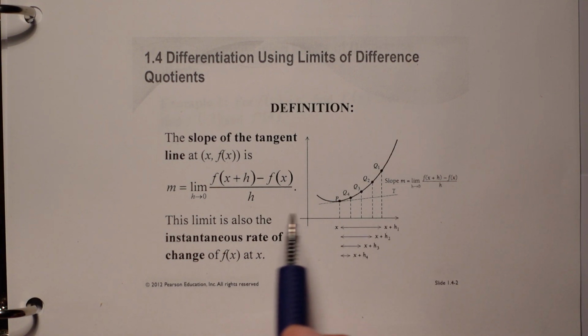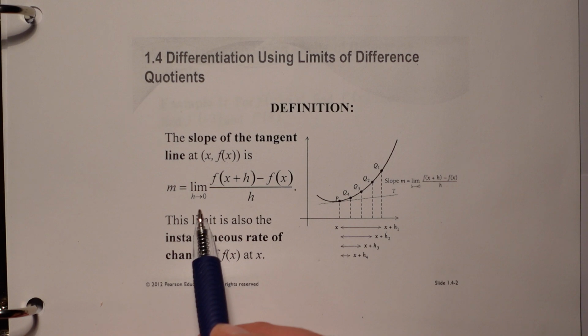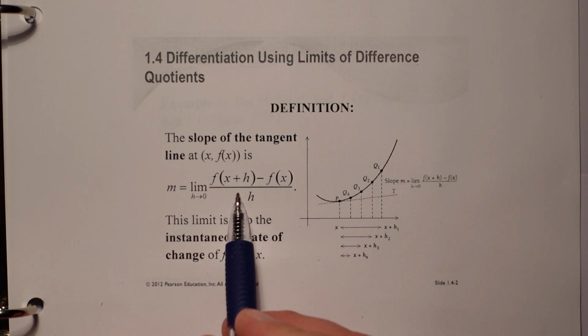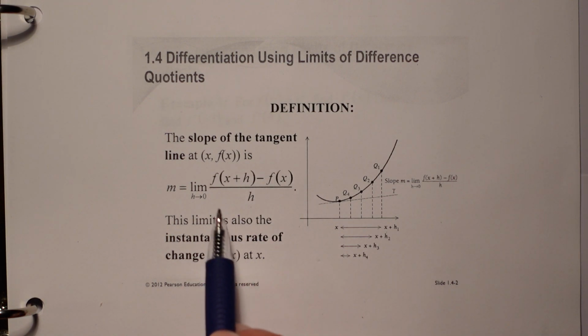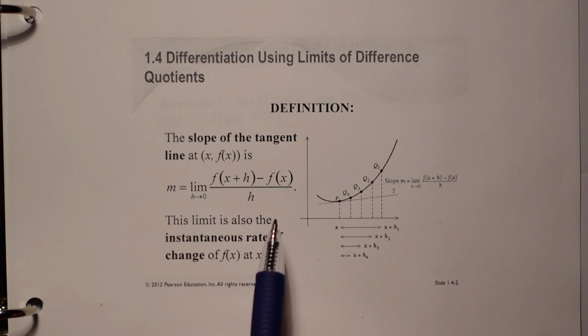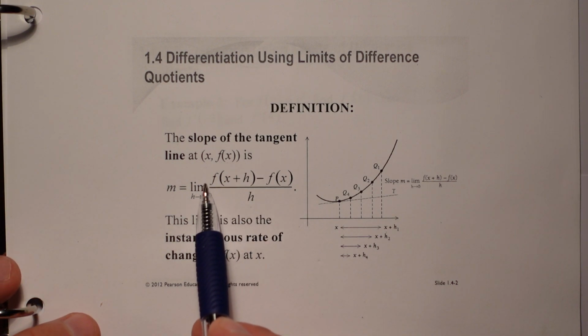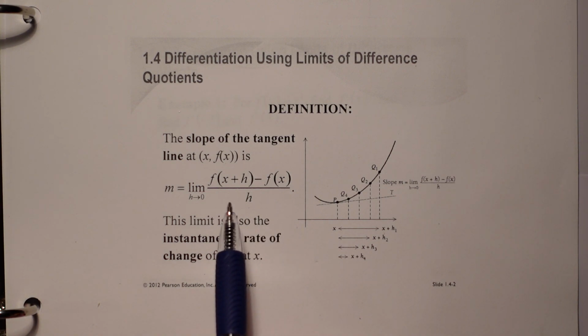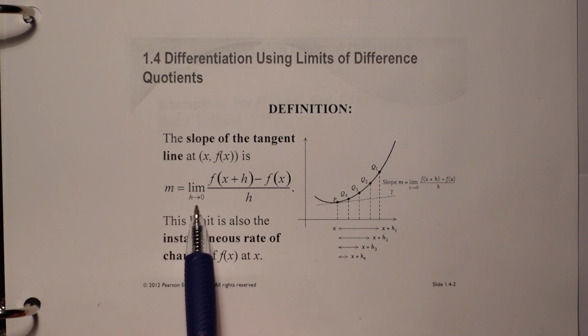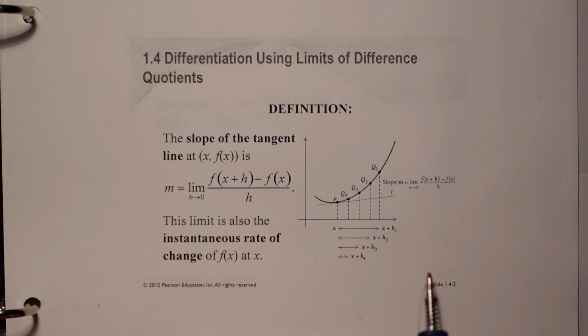Now this slope, m, is equal to the limit as h approaches 0 of f of x plus h minus f of x all over h. That hopefully looks familiar. That fraction is just the difference quotient that we learned in section 1.3. The only difference here is that we're now taking the limit of that difference quotient as h approaches 0.